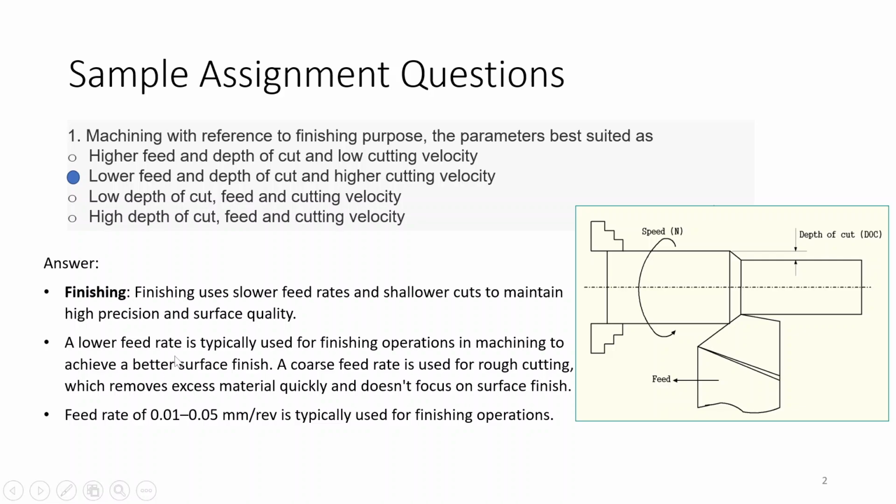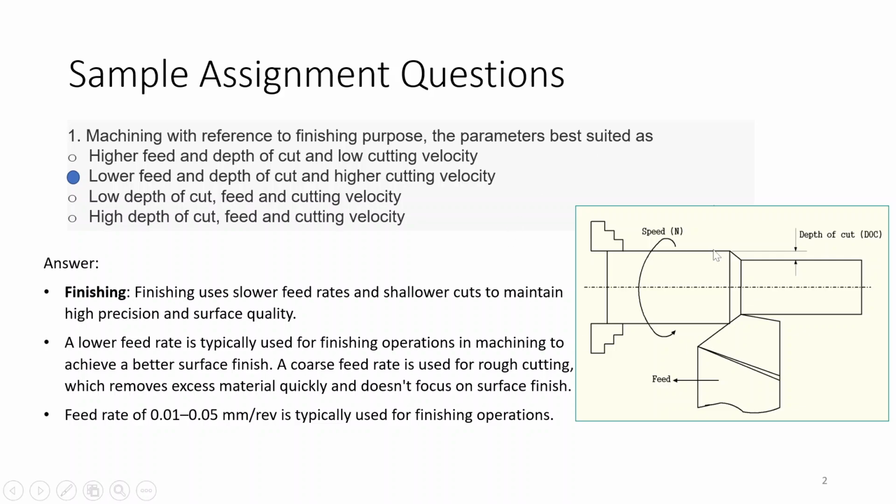A lower feed rate is typically used for finishing operations in machining to achieve a better surface finish. A coarse feed rate is used for rough cutting, which removes excess material quickly and doesn't focus on surface finish. A feed rate of 0.01 to 0.05 mm per revolution is typically used for finishing operations.